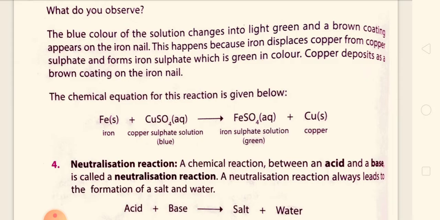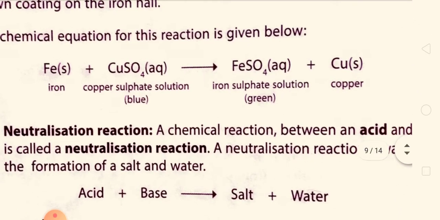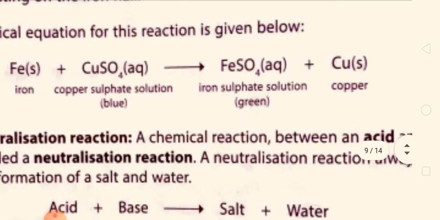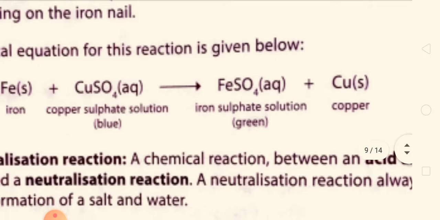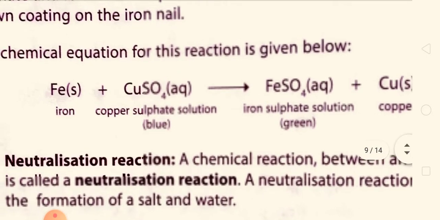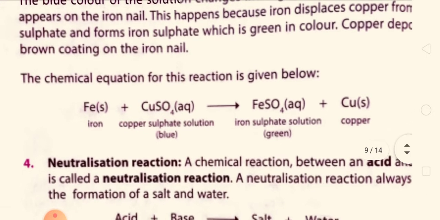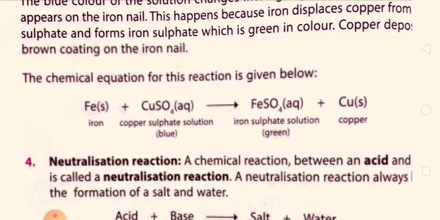Iron, that is Fe, displaces copper because iron is a stronger, more reactive element that displaces copper and gets combined with sulfate and forms ferrous sulfate, and copper gets separated. Look here. This is the reaction. Which type of reaction? Displacement reaction, isn't it?